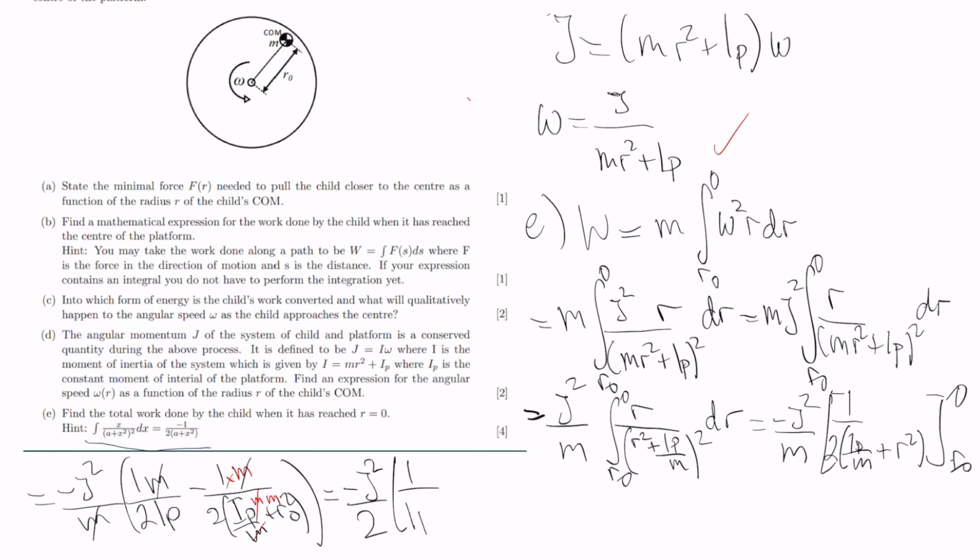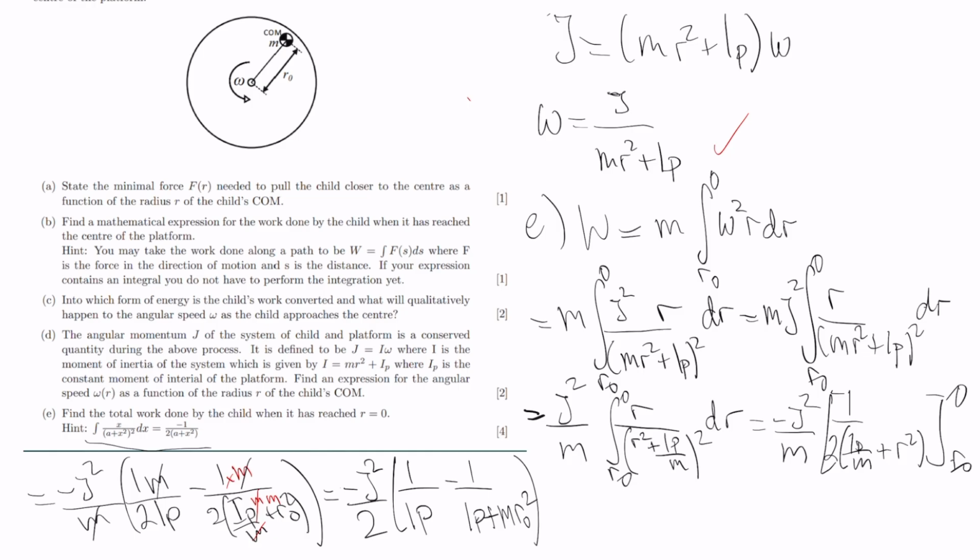So there'll be 1 over IP, take away 1 over IP plus r naught squared, such as this. Okay, now notice something really interesting. Omega was j over m r plus IP. Oh, we've missed a factor of m here, so let me just correct that. IP plus m r naught squared.